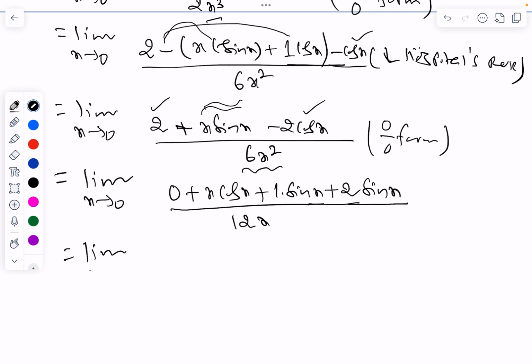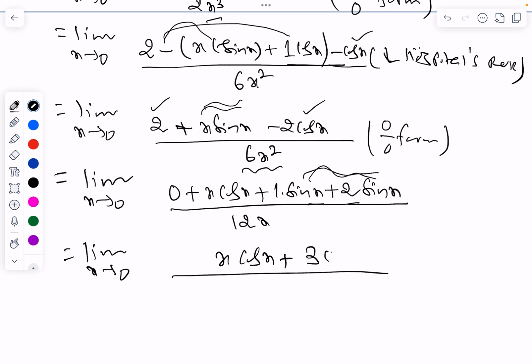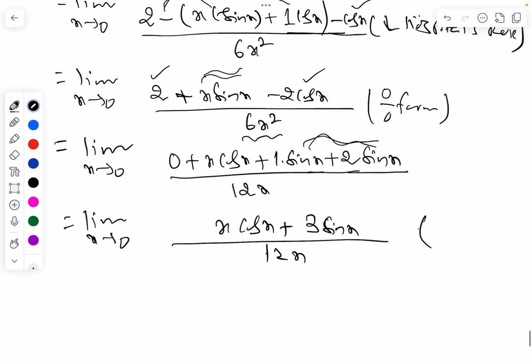So this is limit x tends to 0 of x cosine x plus 3 sine x over 12x. Here x is 0 and sine 0 is 0, so again this is 0 by 0 form.